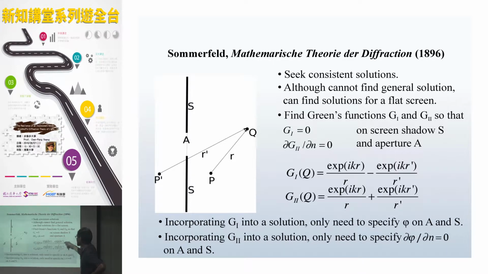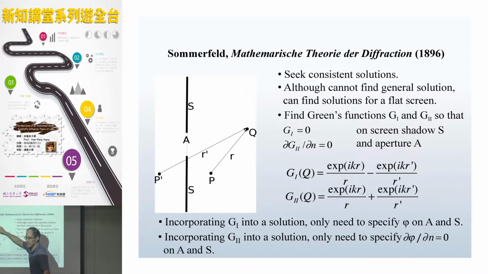So when we have these two forms of Green's functions, this one vanishes on surfaces S and A. The spatial derivative of this one along the normal direction vanishes on surfaces S and A. So what does that mean? That means when we incorporate G1 into the solution, we only need to specify the boundary condition phi on the surfaces A and S, not its first order derivative, right?